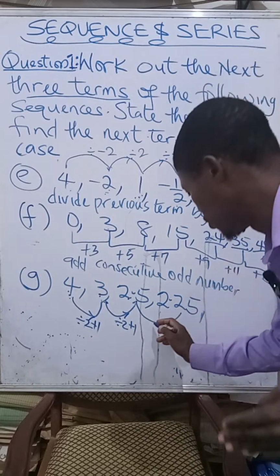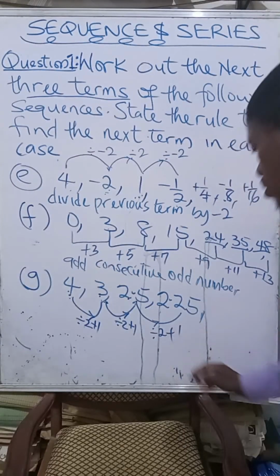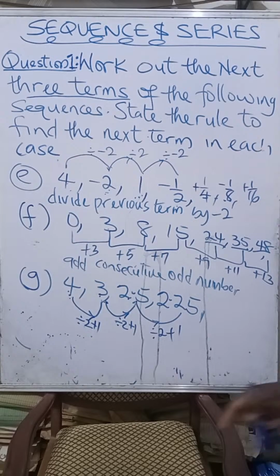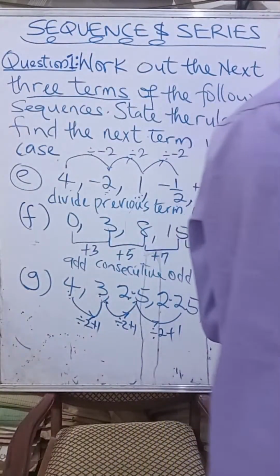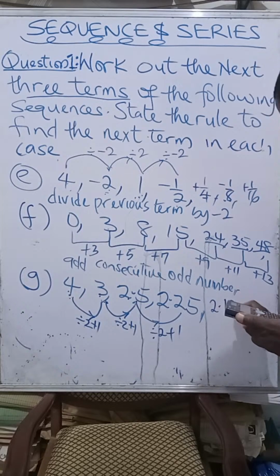So if you check this one also, you divide by 2, and then you add 1. Divide 2.5 by 2, plus 1 is going to give you 2.25. So let's get the next term. 2.25 divided by 2 plus 1, we have 2.125.